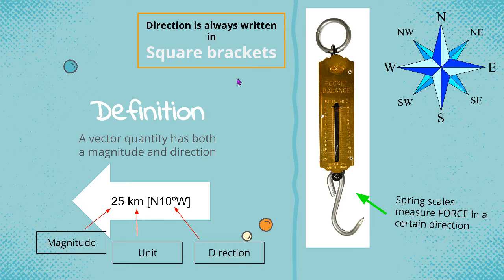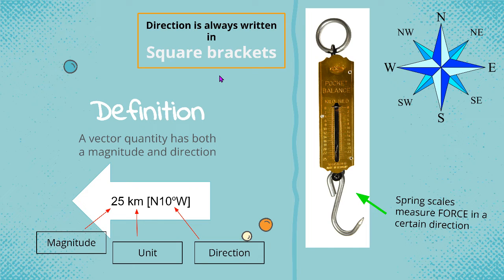We have magnitude, km, the kilometers, that's the unit. And then what's in brackets, that's the direction. That's what makes this different from a scalar quantity, just the fact that we have direction. And direction is always written in square brackets.